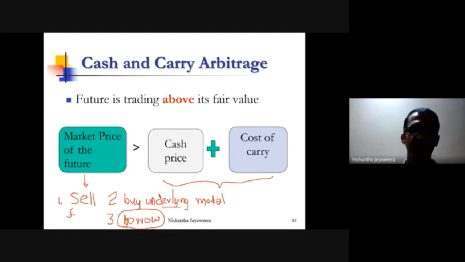So if it is a 3-month futures, you borrow for 3 months. If it is a 1-year futures, you borrow for a 1-year period. Okay, what would happen on the maturity date or the expiry date of the futures contract?